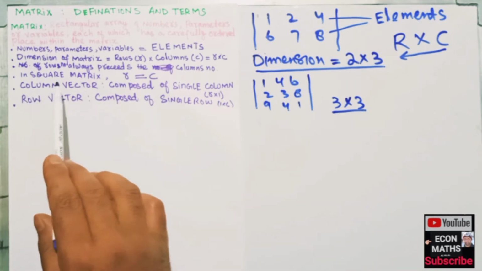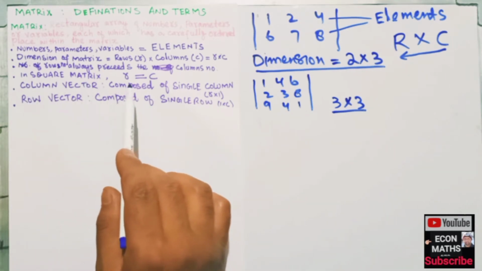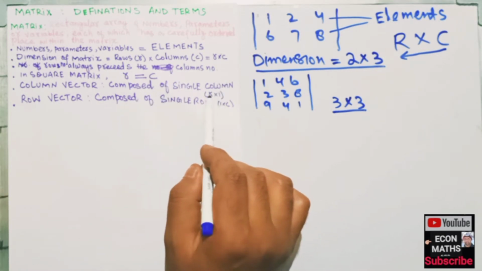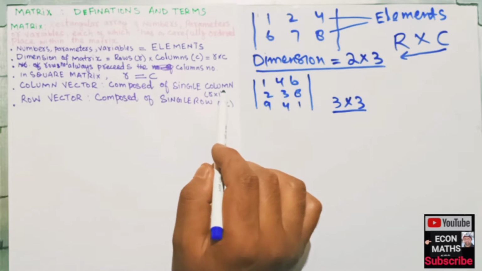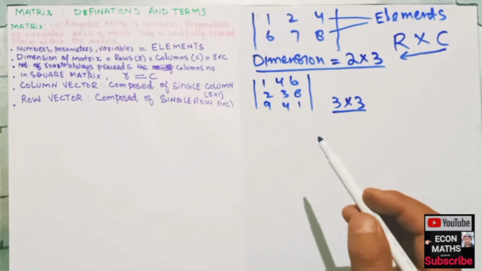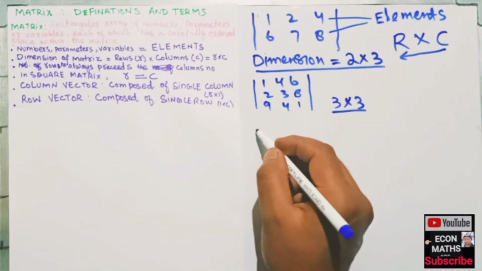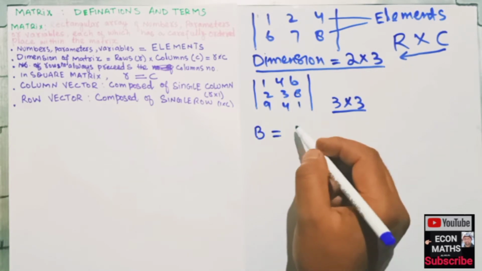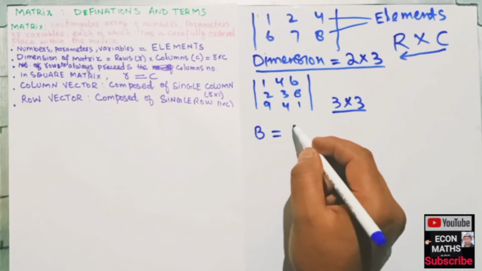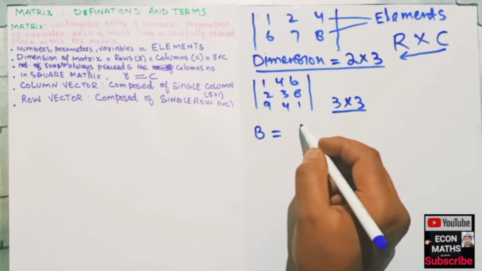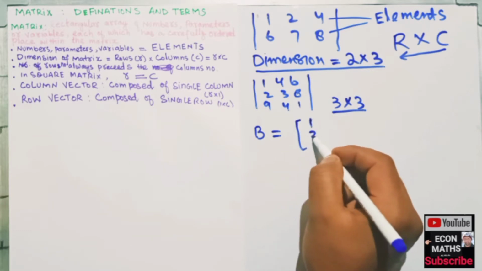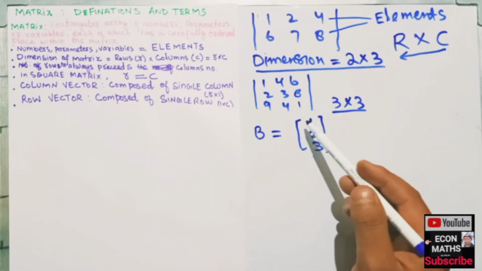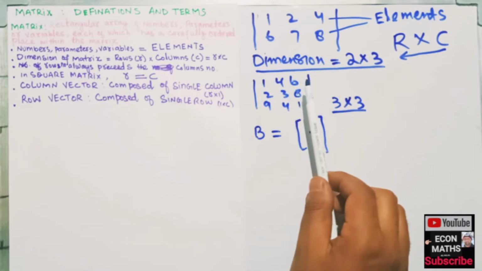Now column vector. A column vector is composed of a single column and it is written as R cross 1. That is to say, let us say B is a matrix. If I have the column 1, 2, 3, this matrix is composed of a single column.